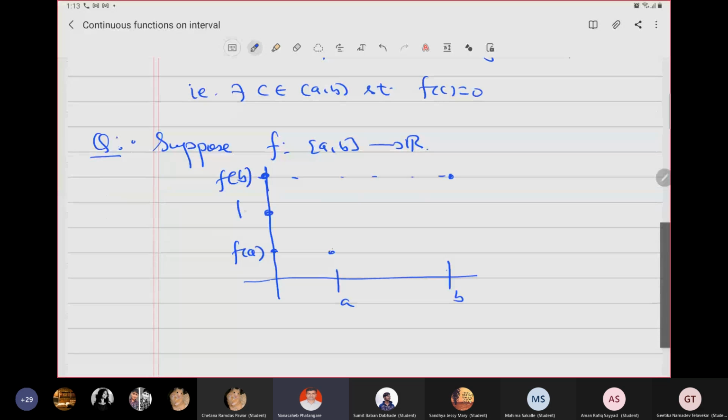And if I choose some k between f of a and f of b, is it possible that there exists some c at which the value is k? Is it possible?